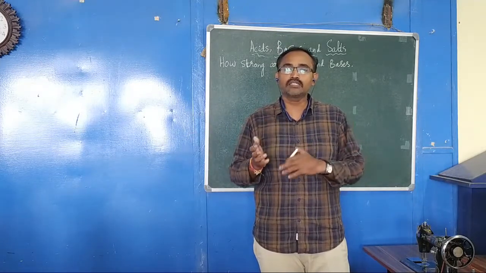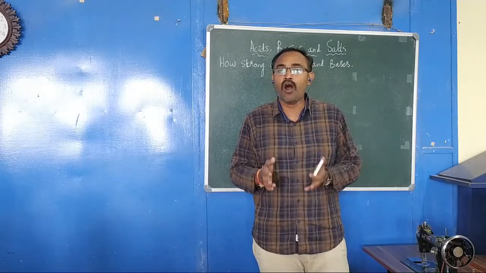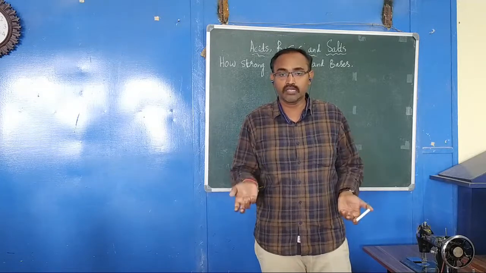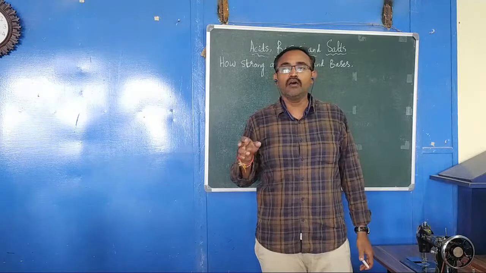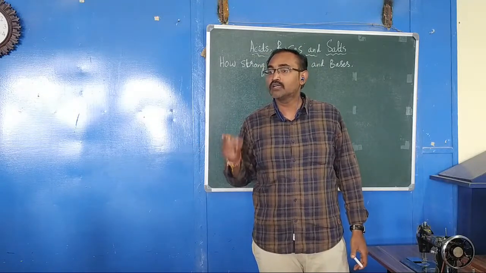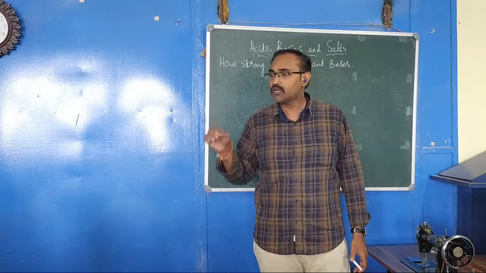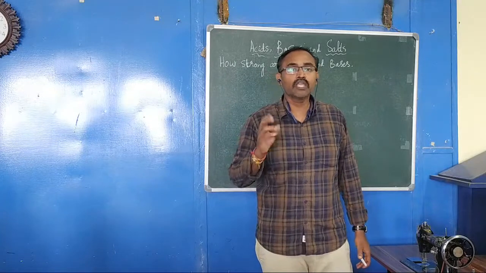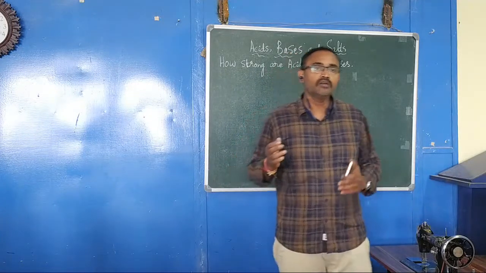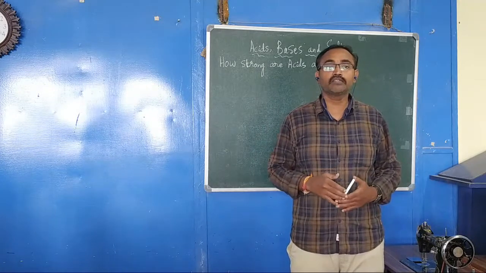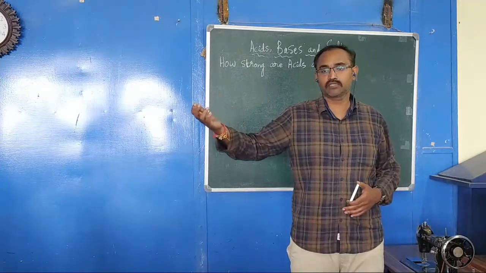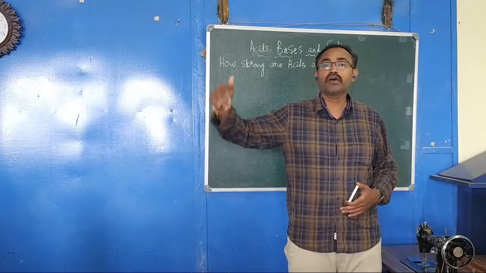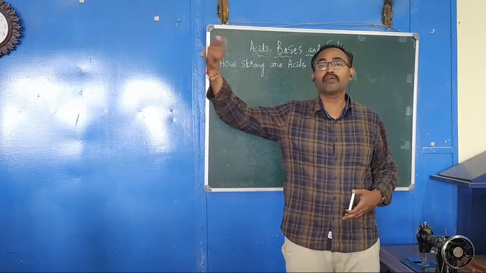If the concentration decreases, then the strength of the acid or base also decreases, because the strength of an acid or a base depends upon the number of hydrogen ions or hydroxyl ions present per unit volume. So we need to quantitatively determine how strong the acid is, how strong the base is. So this is based on the number of hydrogen ions or hydroxyl ions present.